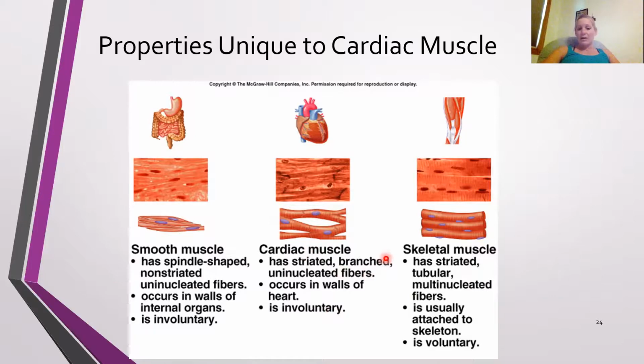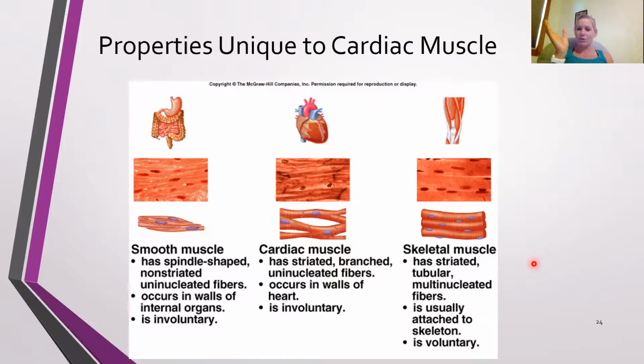Reasons that it's branched. I think this is super interesting when we compare it to the tubular arrangement that we see within the skeletal muscle. Imagine when a skeletal muscle contracts, I want to shorten everything because that's going to create a lever system that's going to allow me to have movement occurring. Now, the difference when we think about a heart, which is kind of a ball-shaped thing, is that in order for me to have movement associated with the blood, I need to contract everything at the same time.